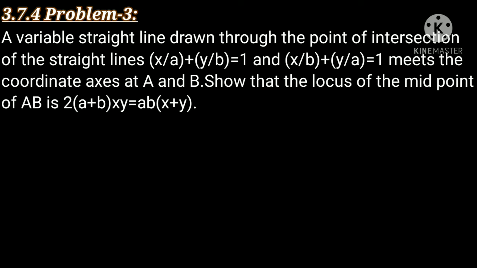Given that the variable straight line passing through the point of intersection of the given lines meets the coordinate axes at A and B. The given lines are in intercept form, so we take the line meeting the coordinate axes at A and B. Then the points are A(a, 0) and B(0, b). The locus point is the midpoint of A and B.